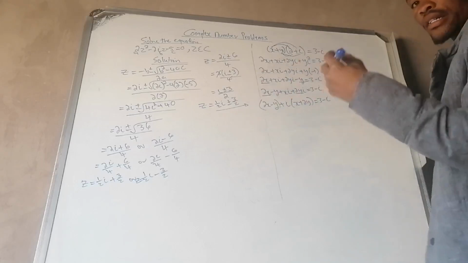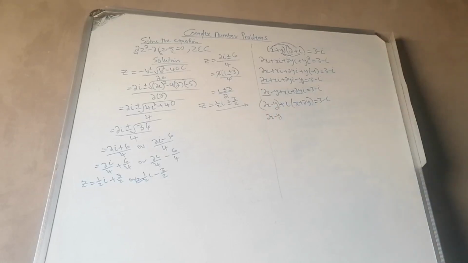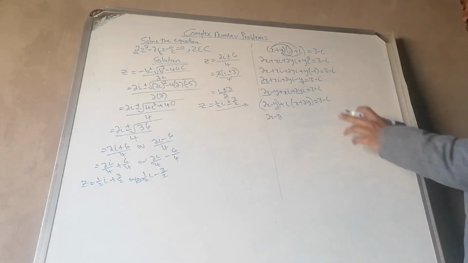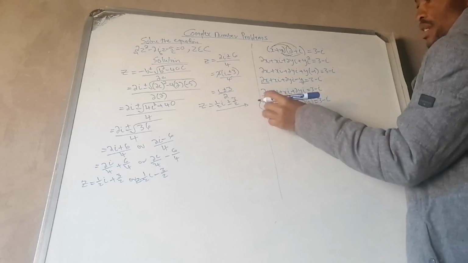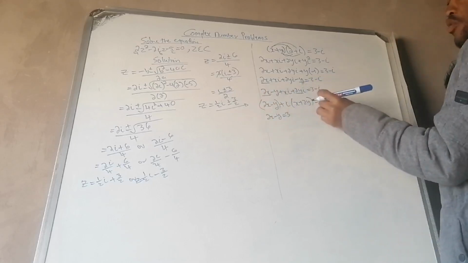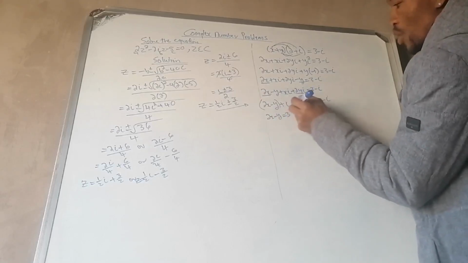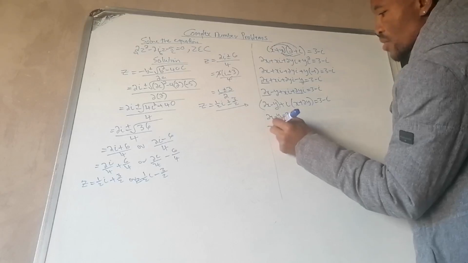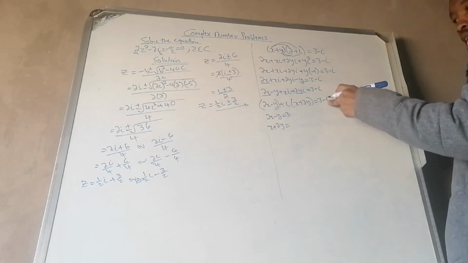So it will be correct mathematically to say 2x minus y. For those who studied electrical engineering will understand this, and many others, of course, from grade 9. 2x minus y will be equal to 3, because this is the real part on the left equals the real part on the right. And I will have the second equation where I say x plus 2y equals the imaginary part, but I'm not going to write i there.